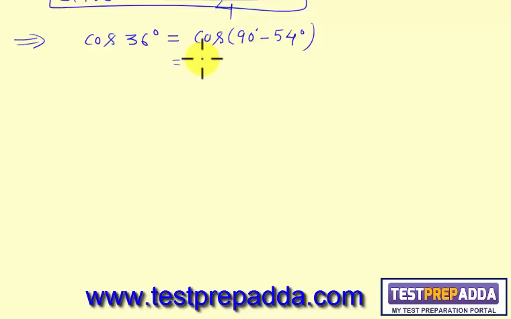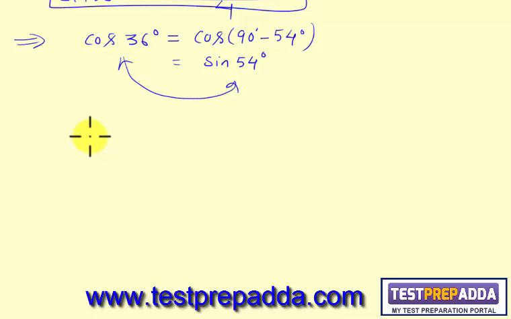So cos of 90 minus something means cos will be converted into sine. 90 minus theta lies in the first quadrant, so it will remain positive. So I can write this as sine 54 degree. What is the conclusion? Cos 36 degree and sine 54 degree both will have the same value.